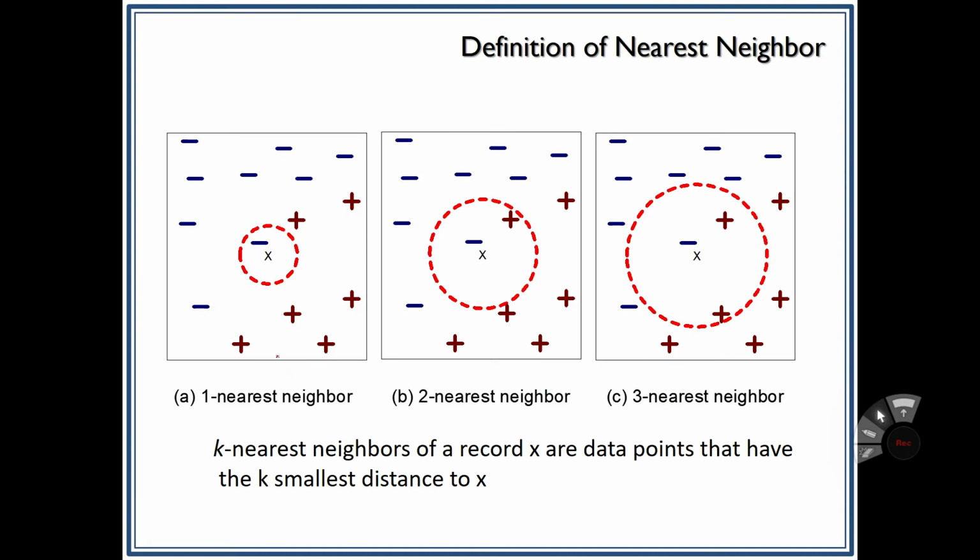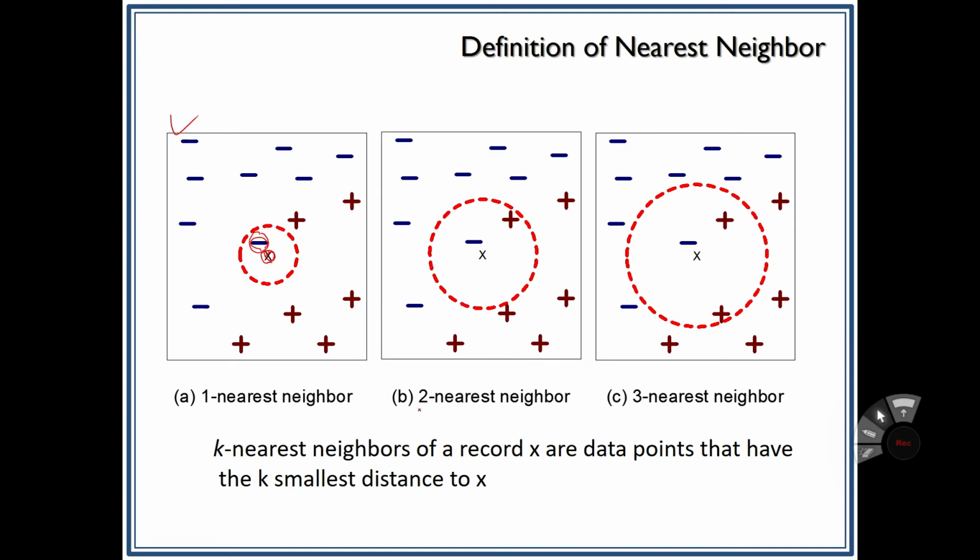In this slide, the first case is the case of one nearest neighbor. We just find the one closest object to this new object. In this figure, the purpose is the same: we want to classify this new object marked as X, and the class label of the closest object is negative, so we predict this one as negative.